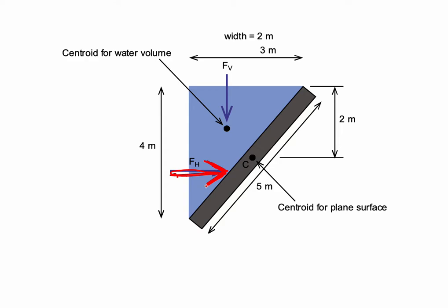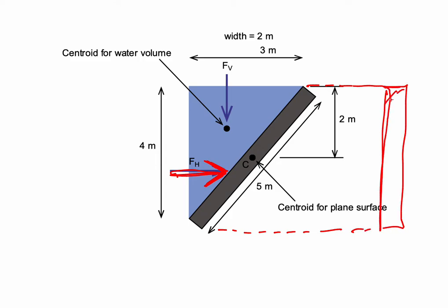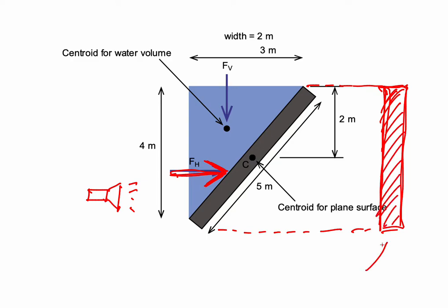So that means we need to use the idea of projection area. Projection area means the shadow of the inclined surface here. For example, if you have a source light, a torchlight here, the shadow of this inclined plane will stay in a vertical position here. So we call this the projection area.